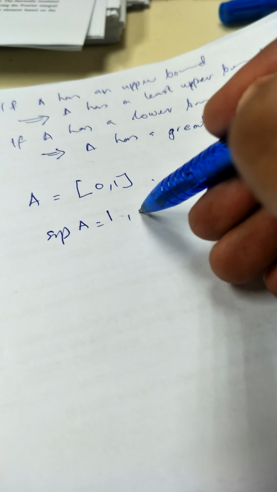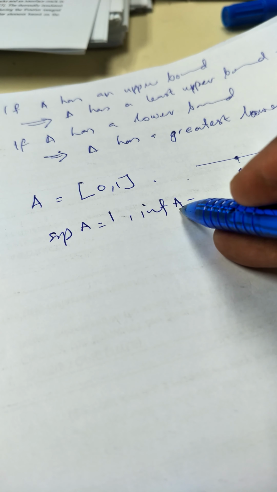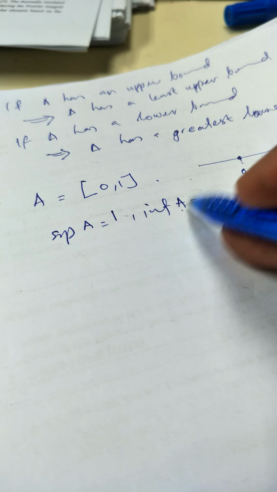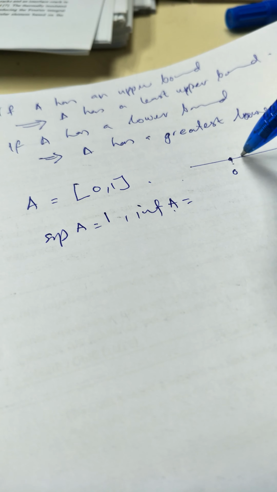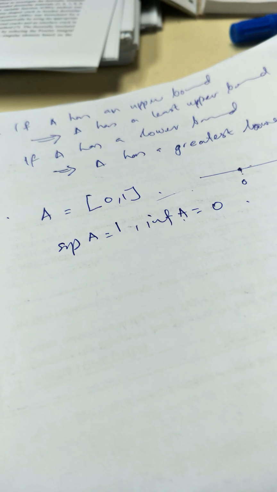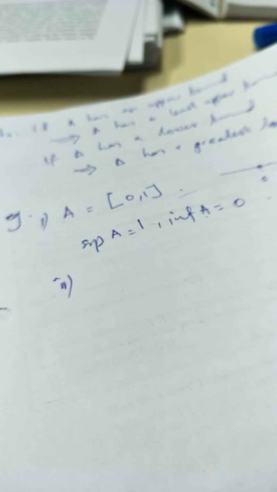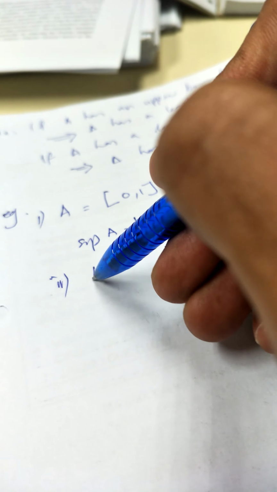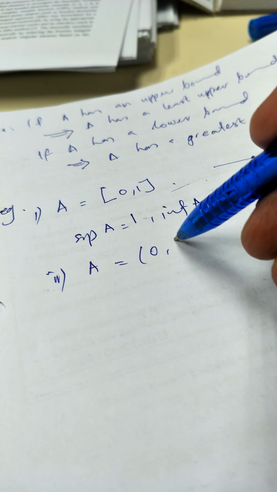And the infimum of A, which is the greatest lower bound, you cannot go beyond that, so this is 0. This is the first example. For the second example, let's say you consider A as a half open interval.